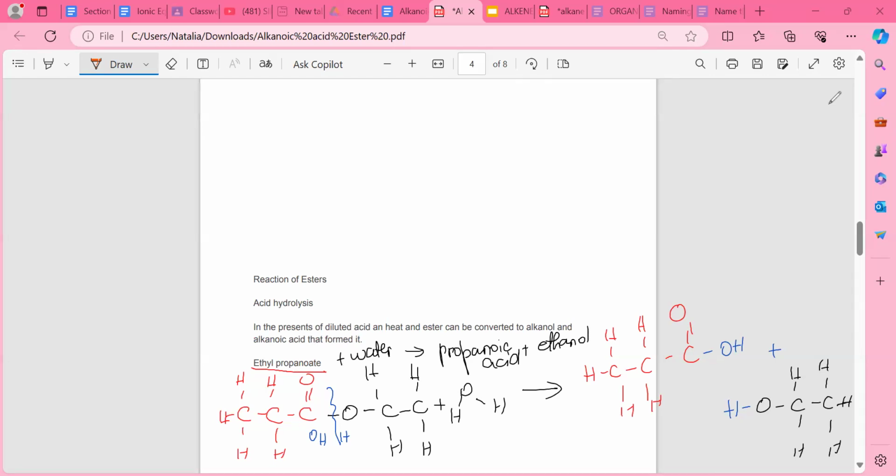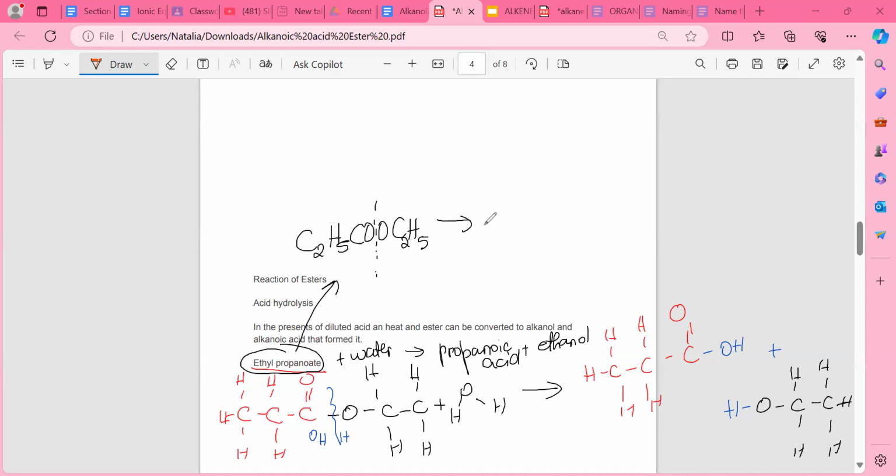Miss Walker, so we're doing the same reaction, ethyl propanoate. Propanoate has C2H5, propanoic acid COOH. The OH goes, ethyl O C2H5. The molecule is split between the two O's.